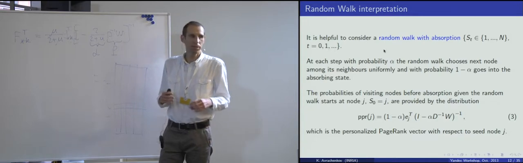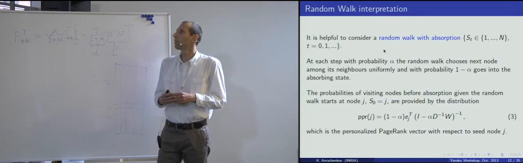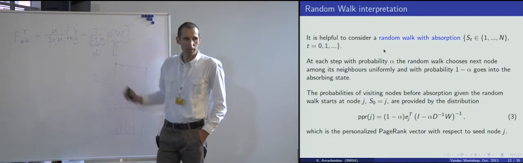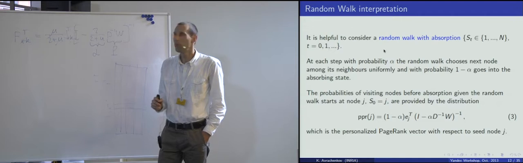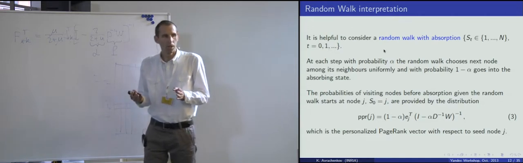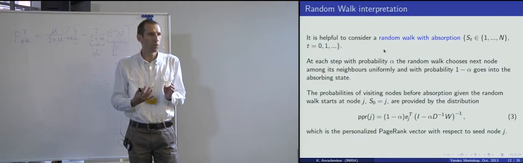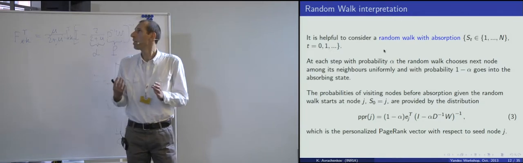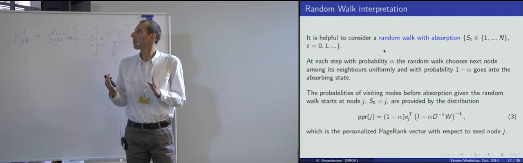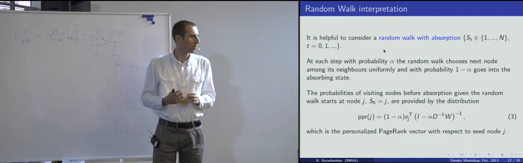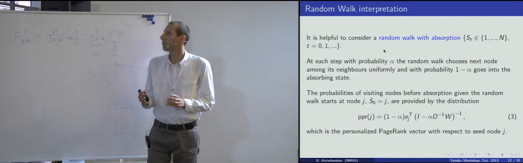We say we start from some node, and with probability alpha, which is given by this quantity in our case, we make a move to a node uniformly chosen among our neighbors. And with probability 1 minus alpha, we just go into the absorbing state. So we do random walk with absorption.